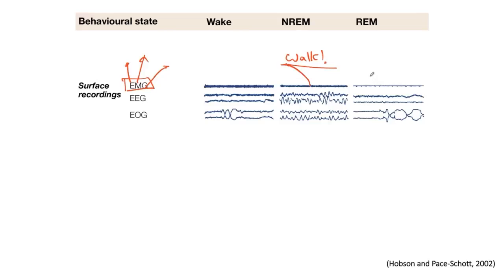But it is supposed to be pretty much silent in REM sleep. So in REM, we are expecting to have what we call atonia. Your motor cortex is getting activated, but it gets disconnected from the motor pathway to your muscles.